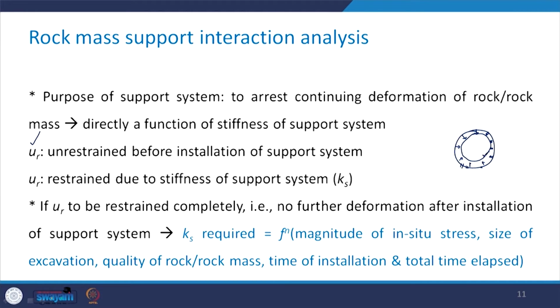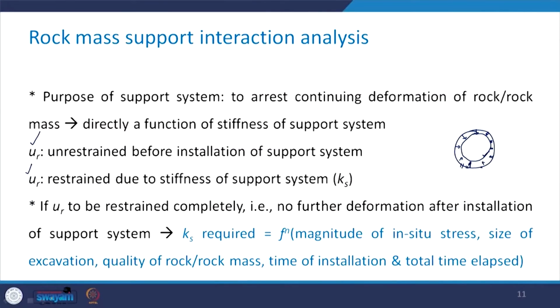To what extent it will be restrained will depend upon the stiffness of the support system. Let us say that if you provide a very stiff support system, what will happen? The deformation will be completely arrested.